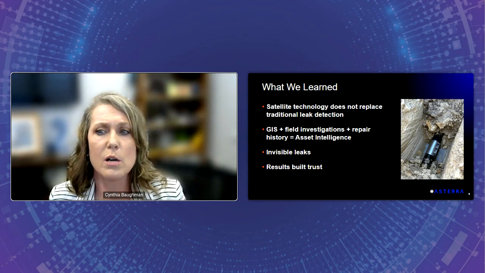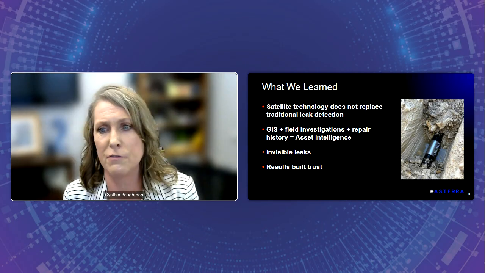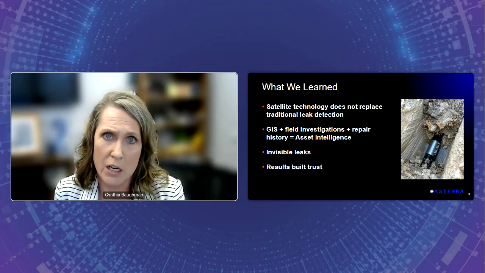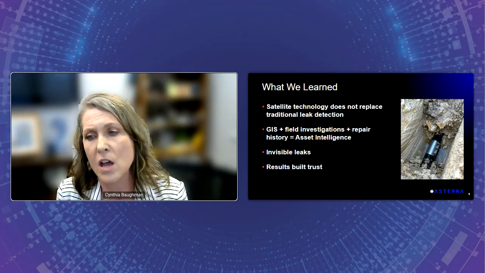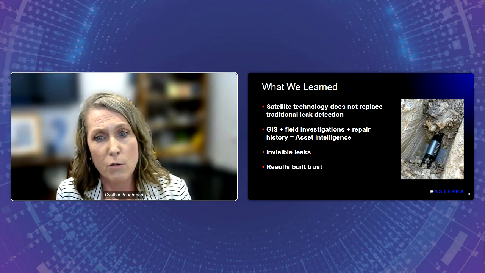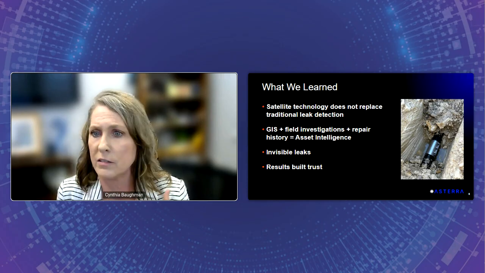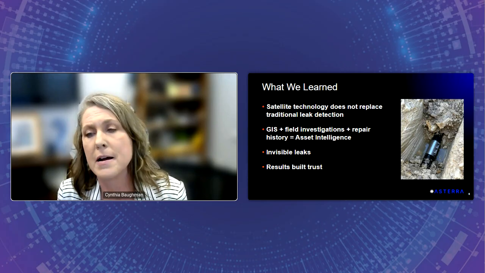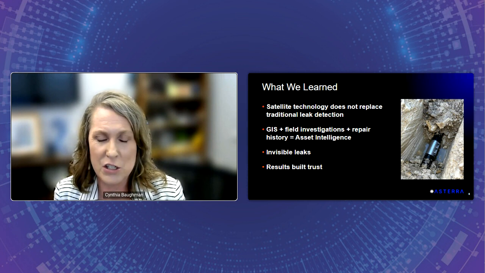So to illustrate this, this particular picture that I have on the slide here represents a leak that really changed how we think about proactive leak detection. There was no visible water on the surface, no flooded street, nothing a customer would see to call and report to us. There was a scan that we did in September of last year.